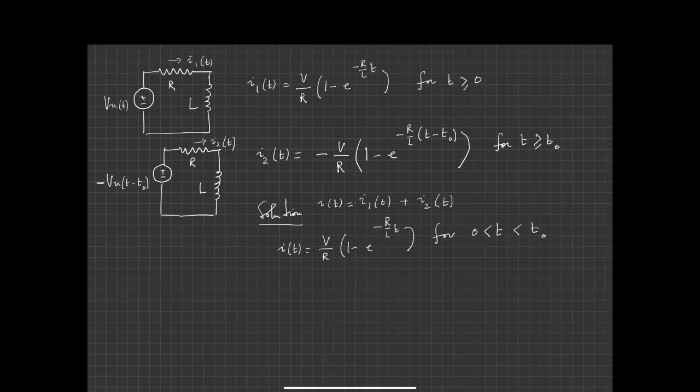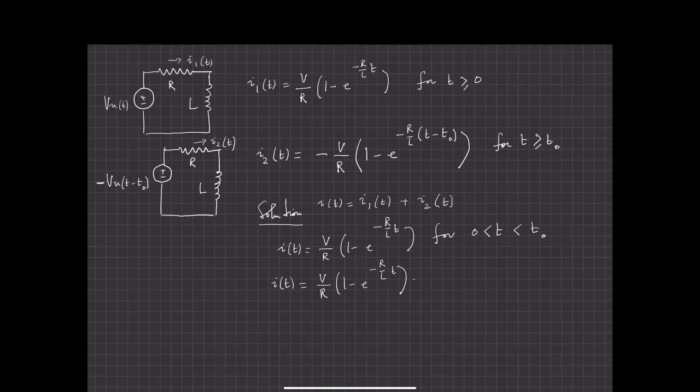So let me write that down. I of t equals I1 of t, which is V over R times 1 minus e to the power of minus R over L t, plus I2 of t, because now we're talking about t greater than t naught.